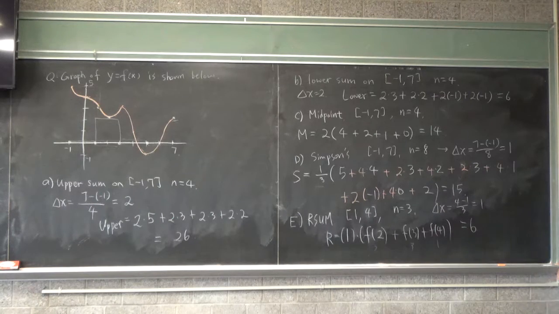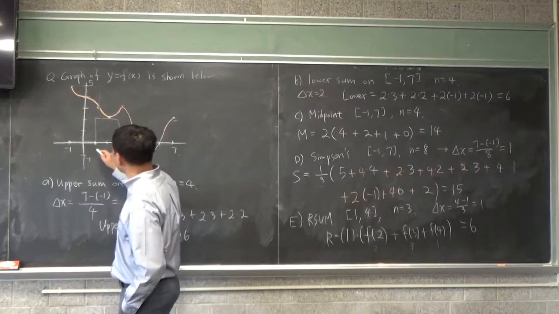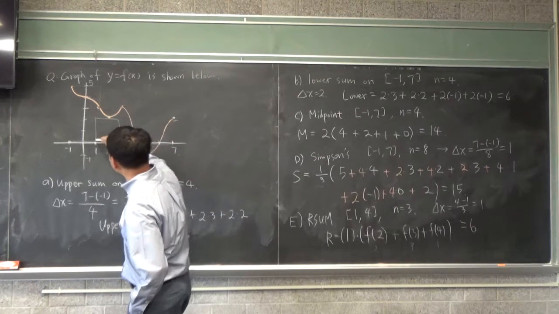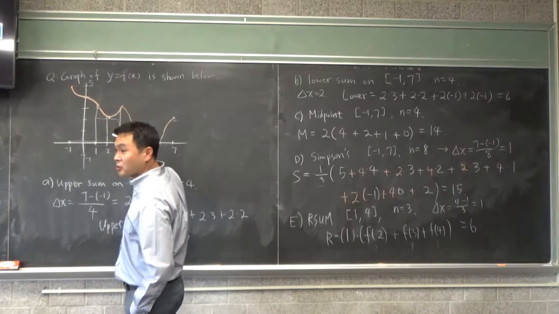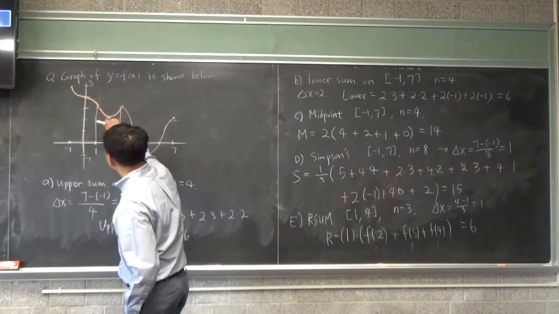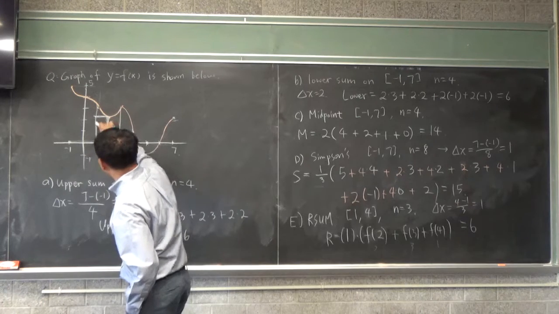Now, if you're still confused why it's f of 2, look, the interval that we're doing is 1, 2, 3, 4, right? We're trying to approximate this by building 3 buildings, right? And it's the right sum, so what are we doing? We're using the right endpoint of this interval to build the very first rectangle.